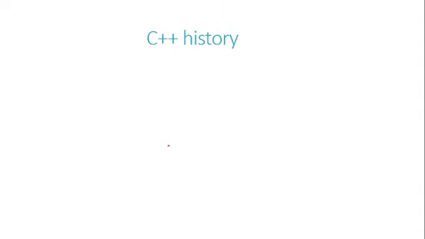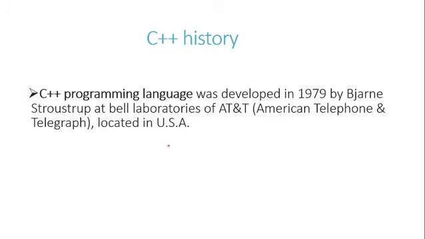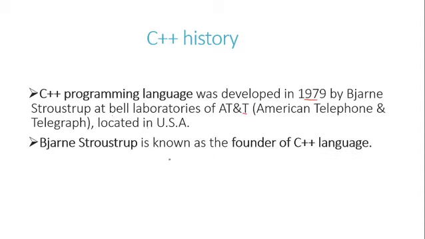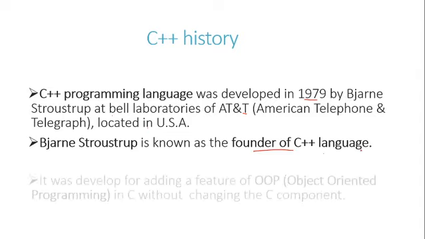Now, let me discuss the history. The C++ programming language was developed in 1979 by Bjarne Stroustrup at Bell Laboratories of American Telephone and Telegraph, located in the USA. Bjarne Stroustrup is known as the founder of the C++ language.